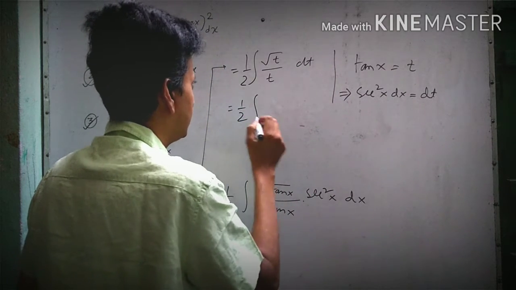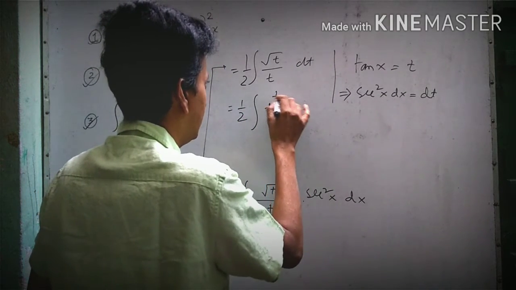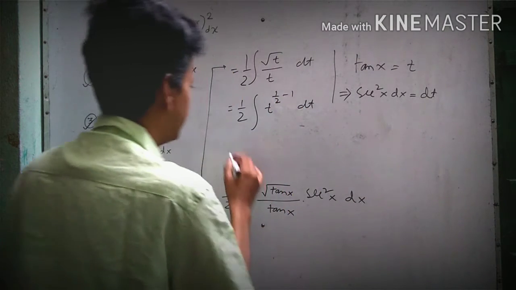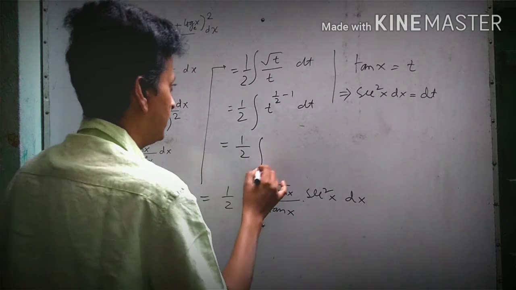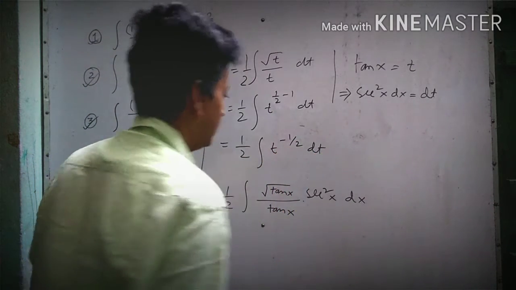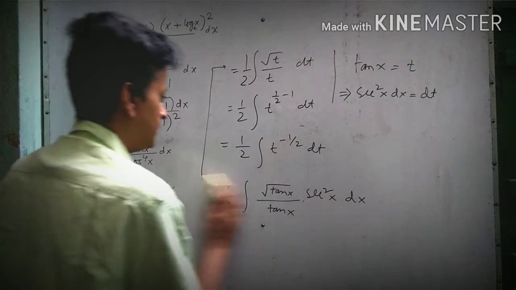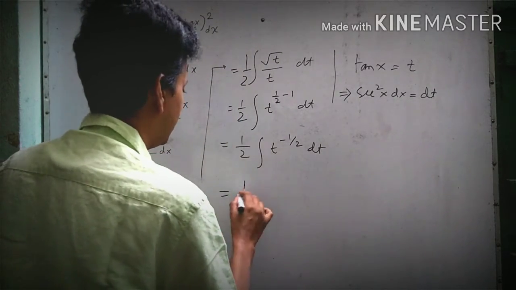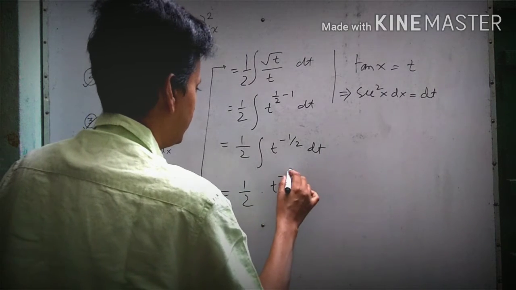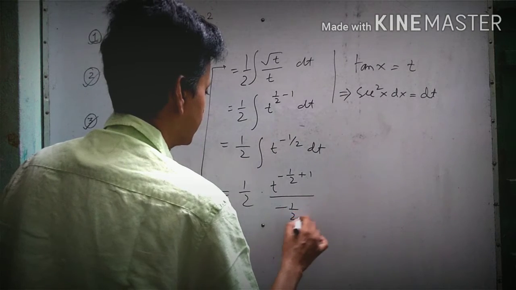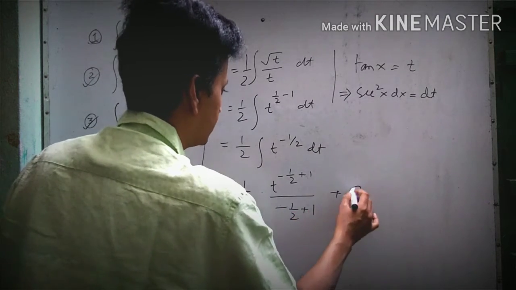So we get integration of t to the power half minus 1 dt, that is half of integration of t to the power minus half dt. That is half of t to the power minus half plus 1 by minus half plus 1 plus c.